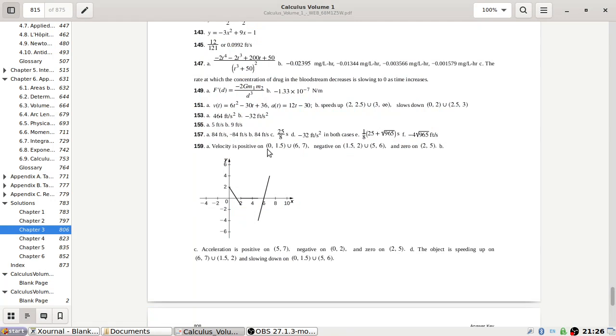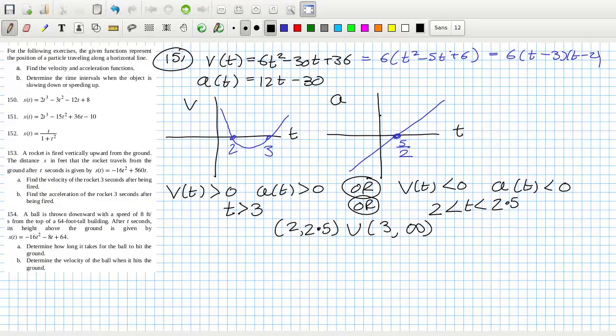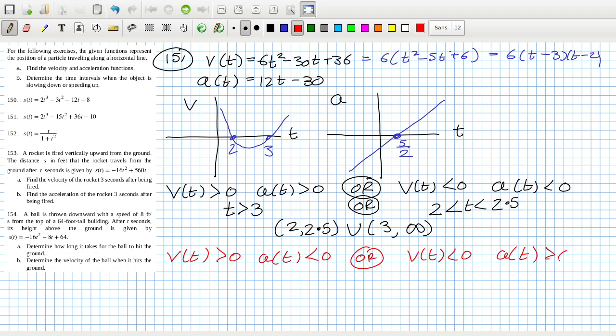Let's check the back for that. 2 to 2.5, 3 to infinity. Okay. And then slowing down, well, it'll just be the other situation. The velocity is positive but the acceleration is negative, or the velocity is negative and the acceleration is positive.